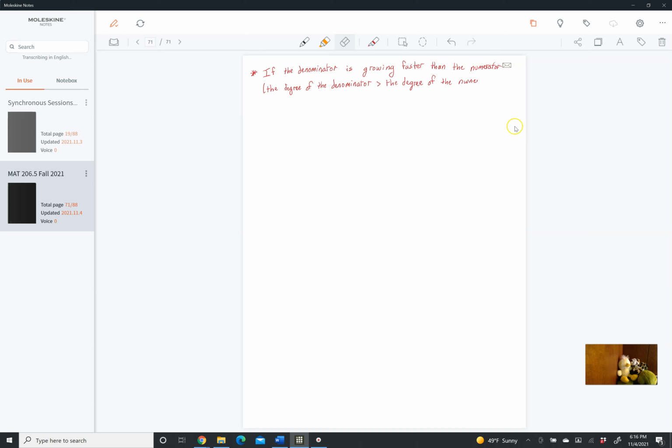So if the degree of the denominator is greater than the degree of the numerator, the denominator is growing faster, which means that we have 1 over a very large number because that x over x cubed became a 1 over x squared.